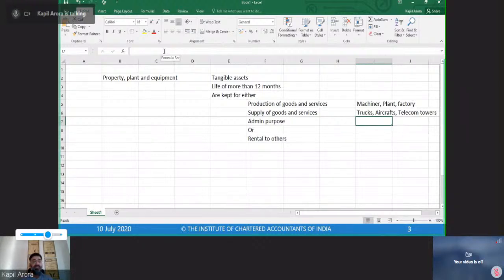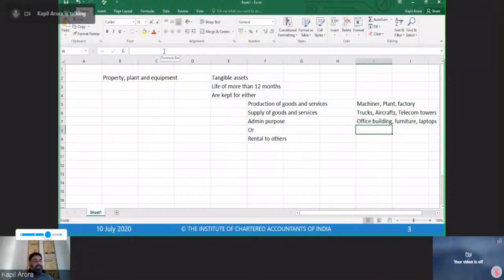And for admin purpose, office building, furniture, laptops, computers or anything.